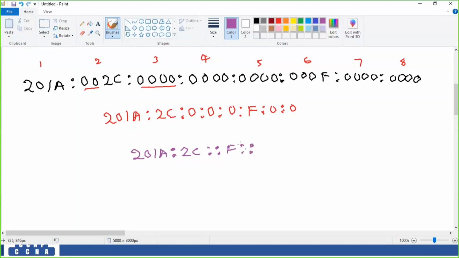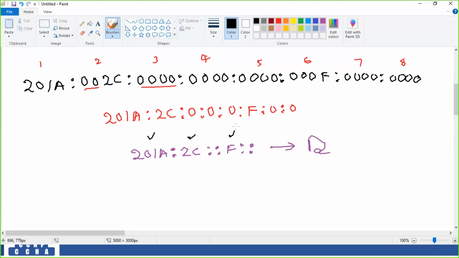Okay. This IPv6 address I have assigned to one device. How can the device understand? IPv6 should be how many quartets? 8 quartets. But how many did we assign? 1, 2, 3. How many are missing? 5.